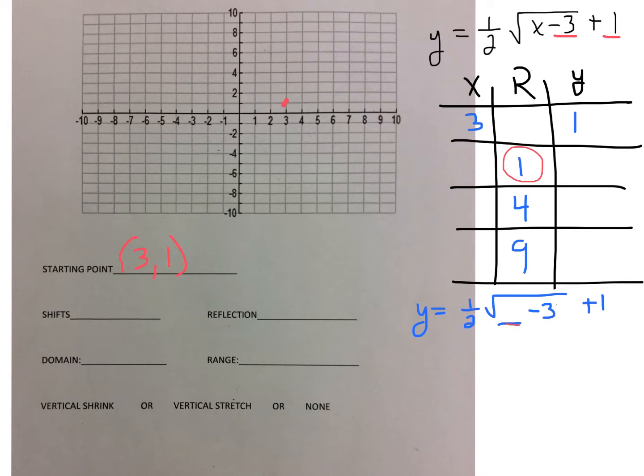So what minus 3 gives me 1? Well, that would be 4. So 1/2 radical 1 plus 1. 1/2 times 1 plus 1. Multiply this. 1/2 times 1 is 1/2. Plus 1 is 1.5.